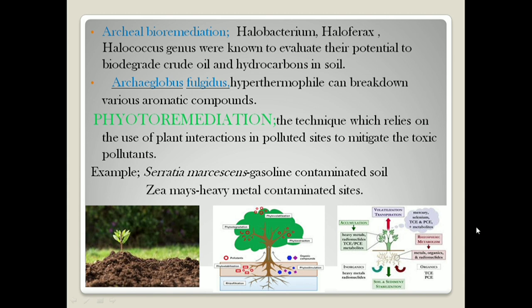Phytoremediation refers to the technique which relies on the use of plant interactions in polluted sites to mitigate toxic pollutants. Examples: Serratia marcescens, which is used to bioremediate gasoline-contaminated soil, and Zea mays, for heavy metal contaminated sites.